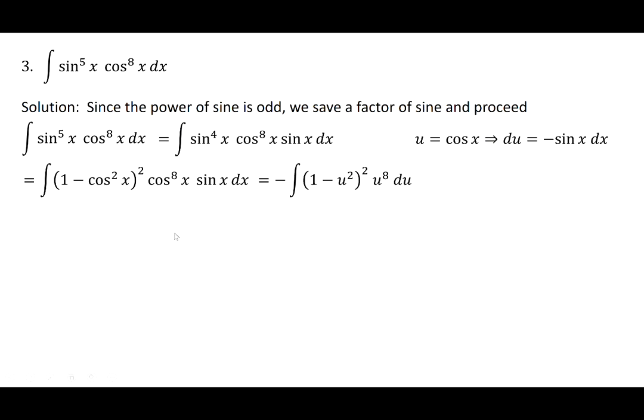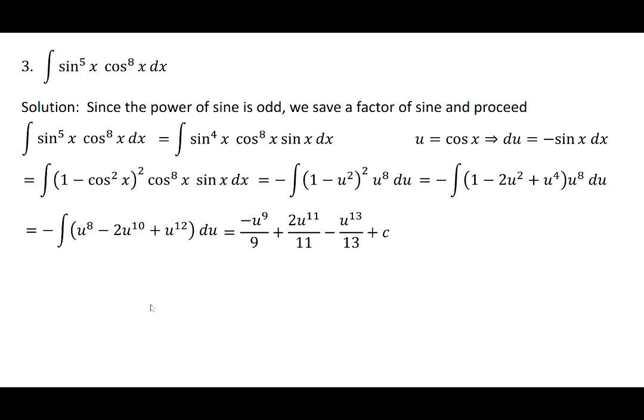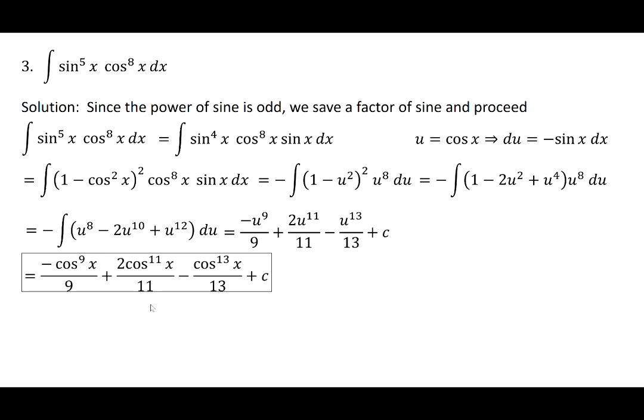Now we are ready to make all our substitutions and just patiently distribute, multiply, and integrate. I'm sure this is not difficult for you at all. Cool. So, what two cases did we consider? Power of cosine is odd, power of sine is odd, right?